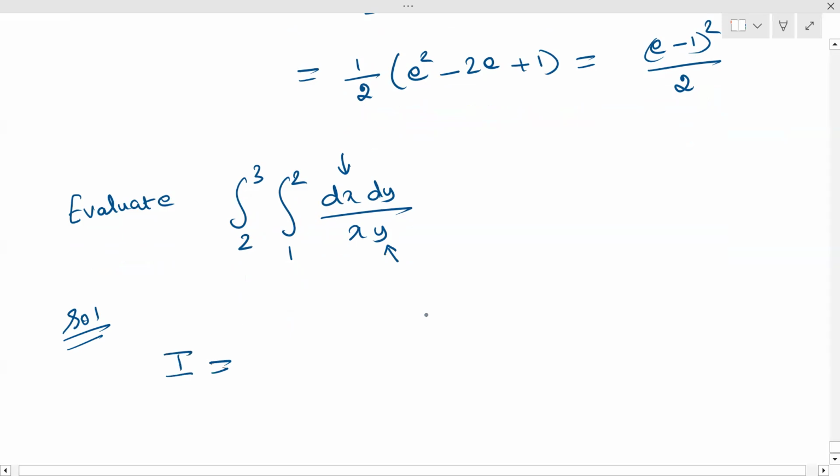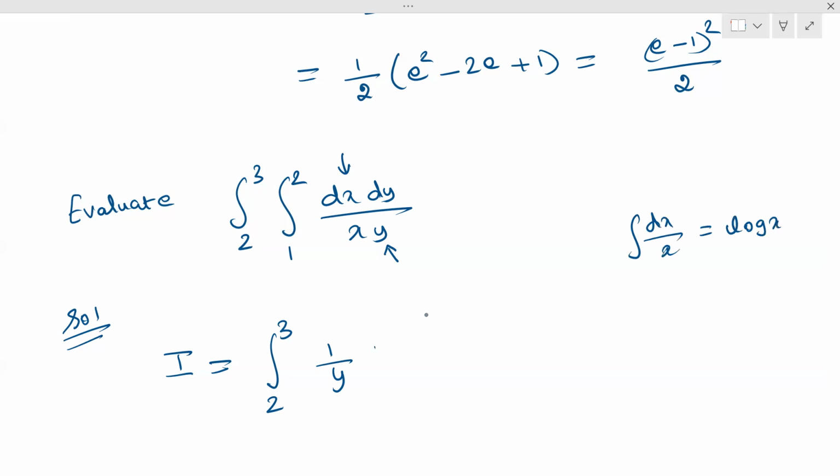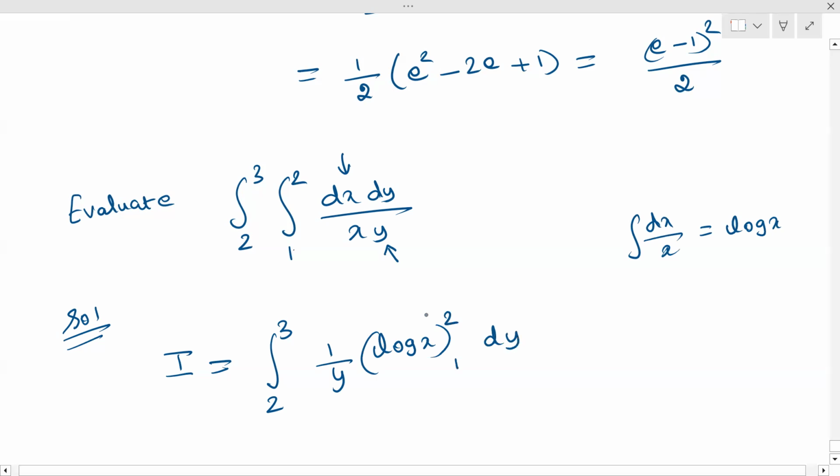Write the outer integration as it is. In the function, write the constant as it is. What is the constant? 1 upon y. What is the integration of dx by x? I think you remember, it is nothing but log x. So for this inner integration the limit is 1 to 2, dy.